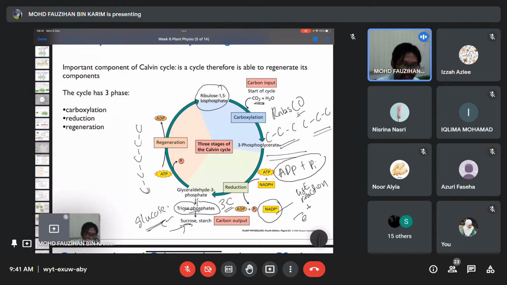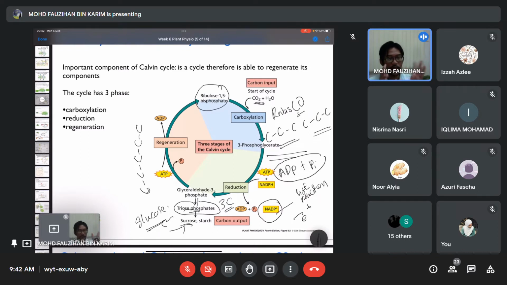And also rearrangements of the ribulose, because first the 5 carbons, there's a 6, right? And then it will split into two, and they will go their own way. Then each will release 1 carbon, and it becomes, to produce glucose, right?